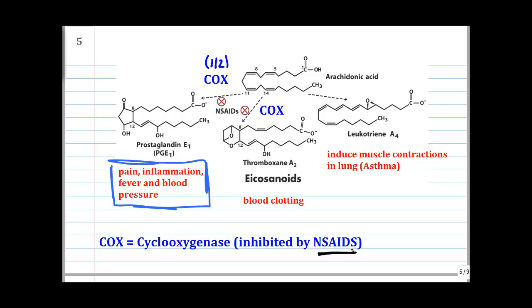But NSAIDs, they inhibit, or they block the activity of cyclooxygenase. And basically the bottom line is they prevent formation of prostaglandins.